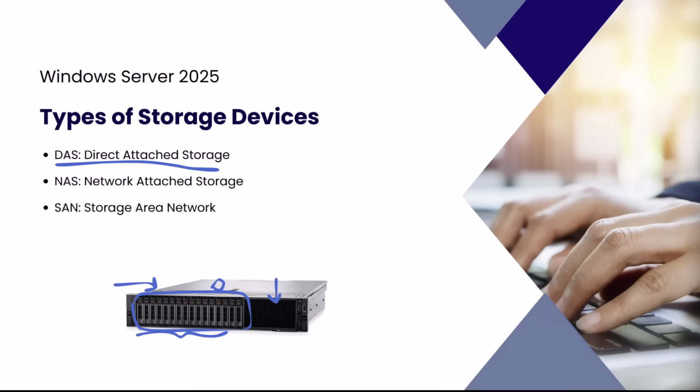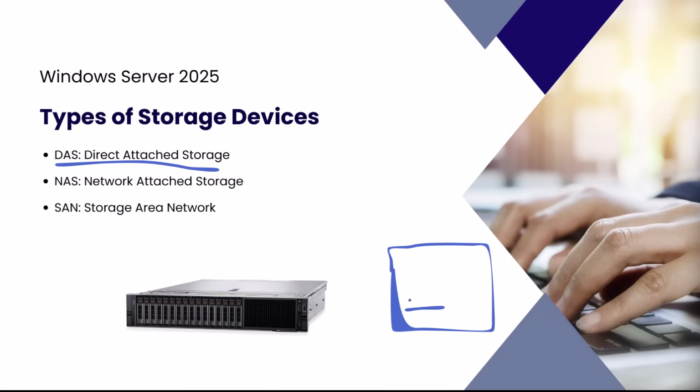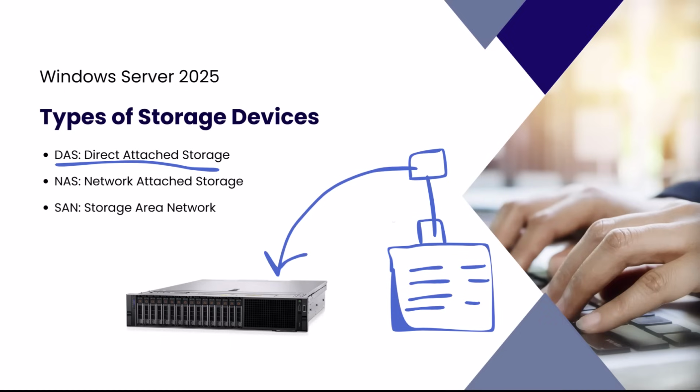The other type of storage is network attached storage. In a network storage, you will have a standalone storage device with a lot of disks on it, and it will have a network card. This will be connected over a switch to the server, and the same can be shared with other servers also.